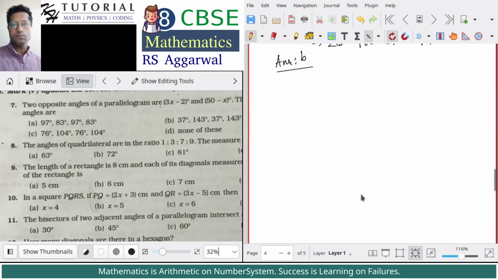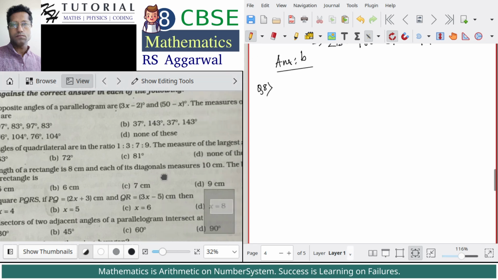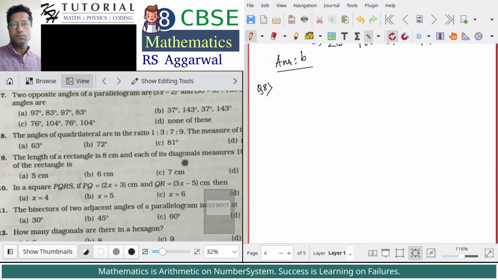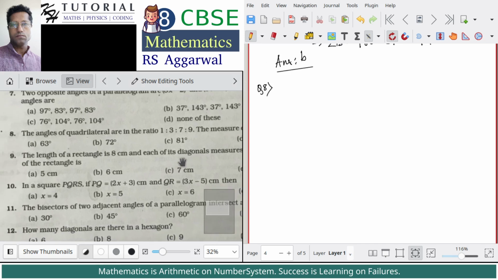Okay, let's do question number 8. The angles of a quadrilateral are in the ratio 1:3:7:9. The measure of the largest angle is. Okay, now the largest angle will be based on the largest part in the given ratio, that is 9.